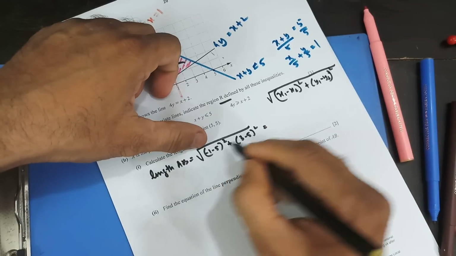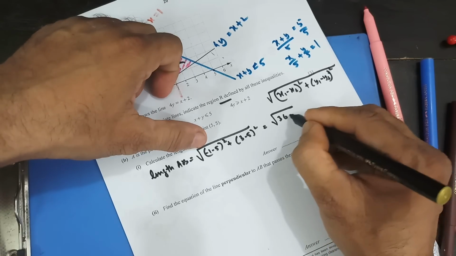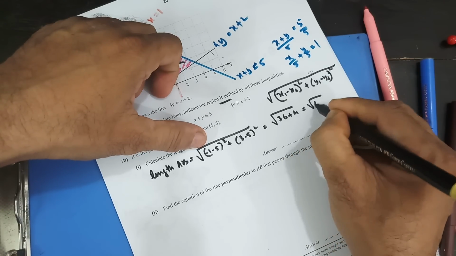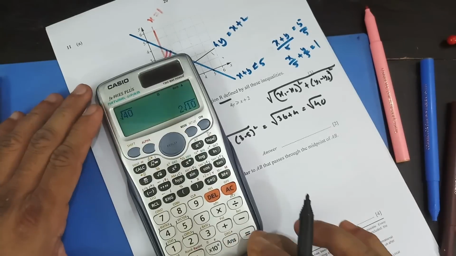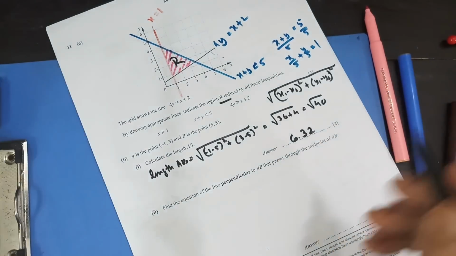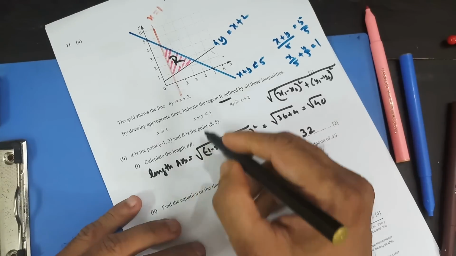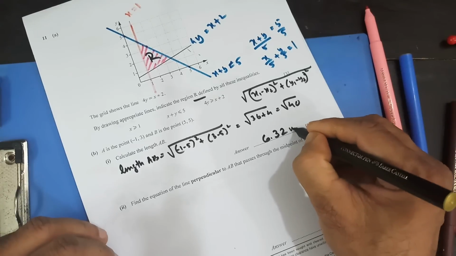So -6 whole square is 36, and 3 minus 5 is -2, squared is 4. So square root 40. If I use the calculator, square root 40 gives me 2 root 10 or 6.32, correct to 3 significant figures.